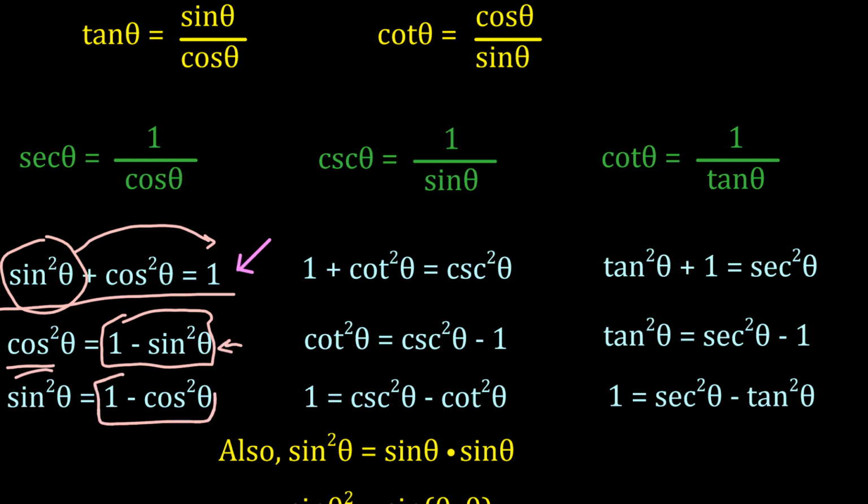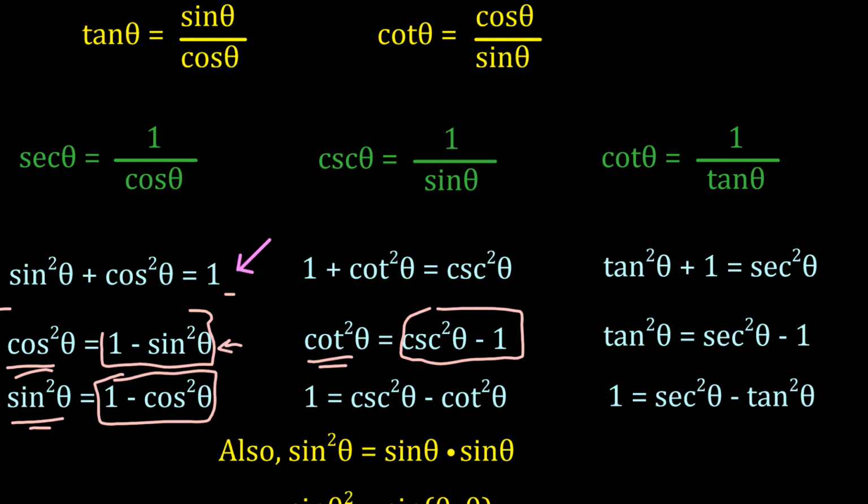Or you might see 1 minus cosine squared, and you'll say, oh, that's the same as sine squared. Or you might see cosecant squared minus 1, and that's the same as cotangent squared. So it just rearranged those three Pythagorean identities in different ways so that we have basically 9, but we really only need 3. And realistically, all you need is 1.